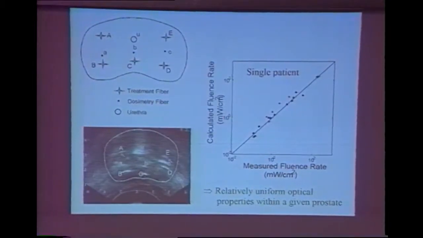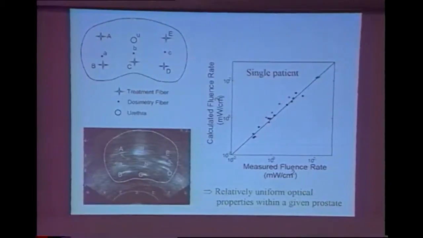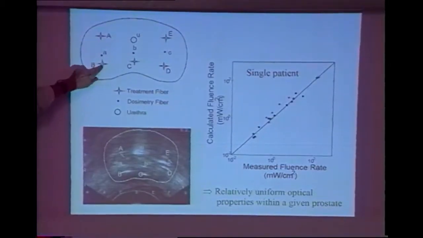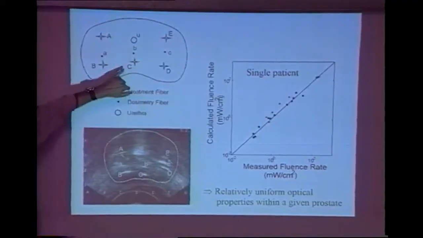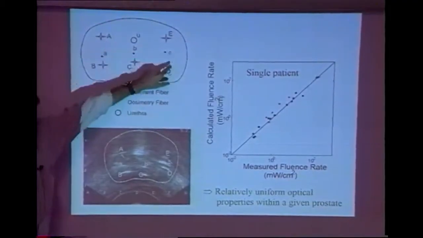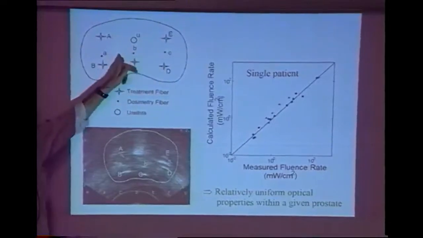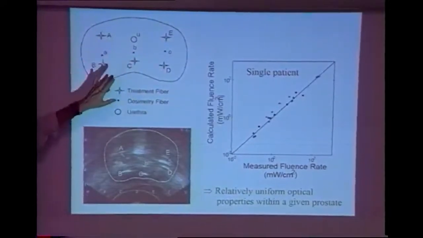So in this patient, there were 5 treatment fibers, and then there were these detector fibers, these 3 positions, and also one in the urethra. And so it's possible then to, for example, turn this light source on and measure here, here, here. Then turn this light source on, measure here, here, turn this light source on, etc. And so you can map out the light distribution.